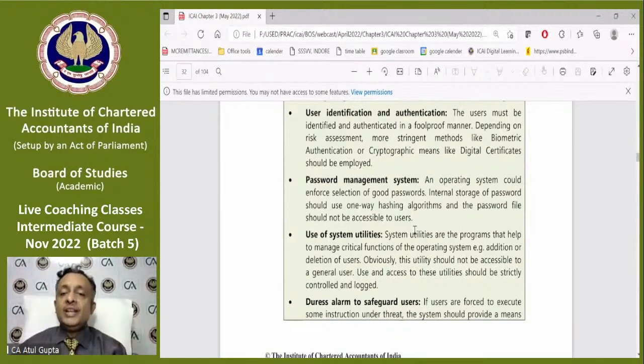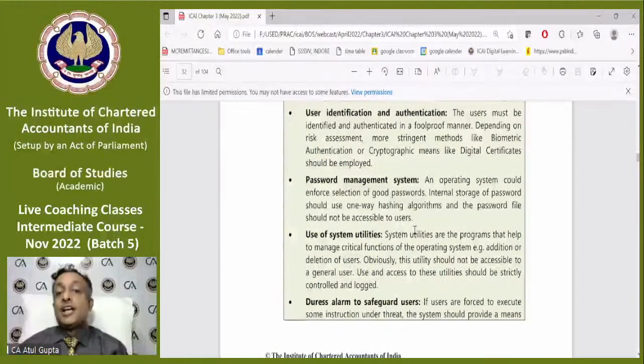Use of system utilities. Utilities are programs that help to manage critical functions of the OS, that is, addition or deletion of users. Obviously, this utility should not be accessible to all persons, only to authorized users. So this becomes the second aspect that needs to be computerized in your system, to ensure that the identification is done properly.